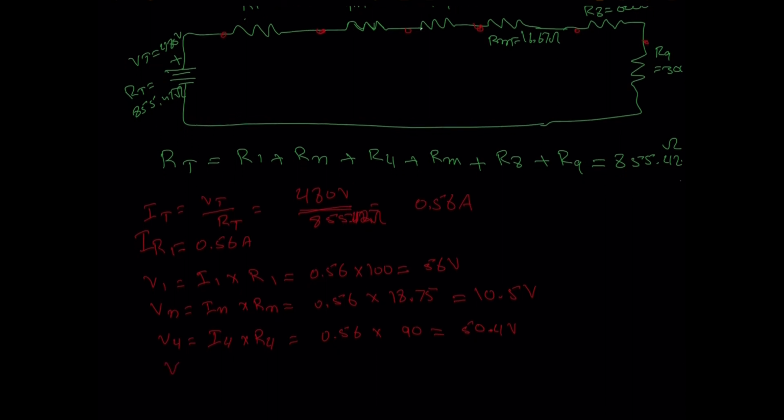The voltage at point M, Vm, will be equal to Im times Rm. Im is 0.56 amps times 16.67. 0.56 times 16.67 will give me 9.33 volts.